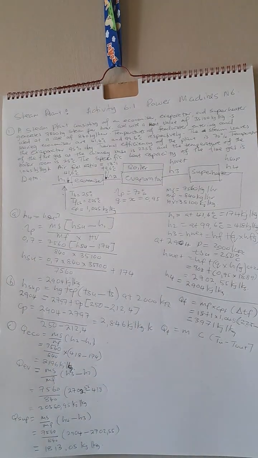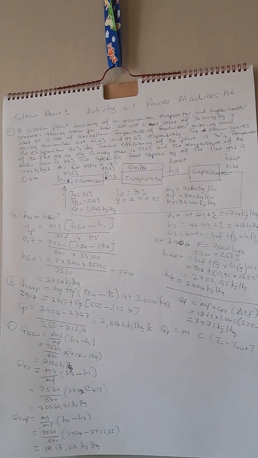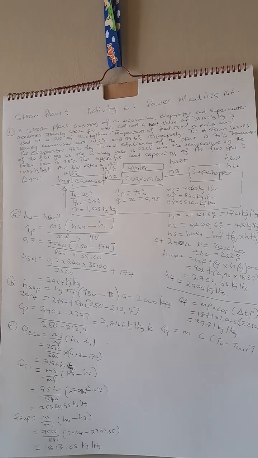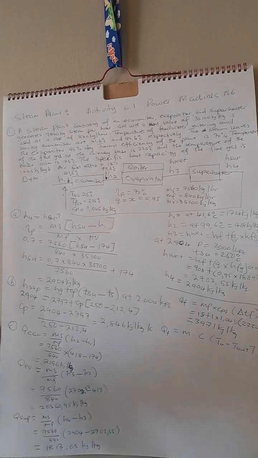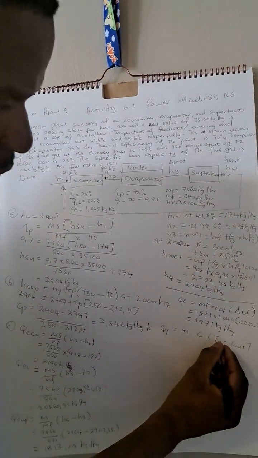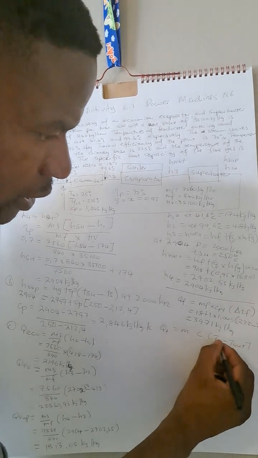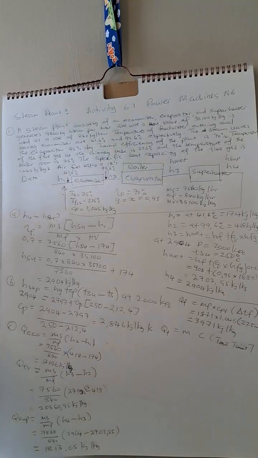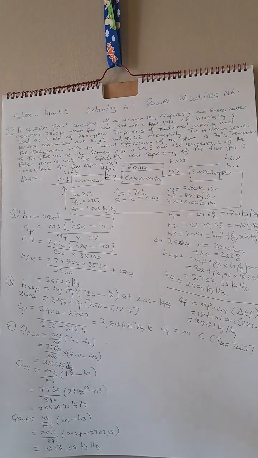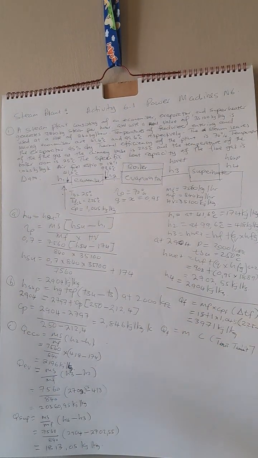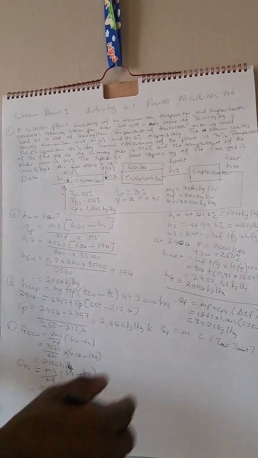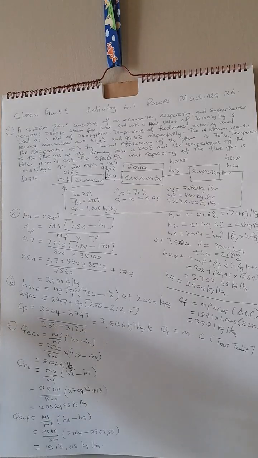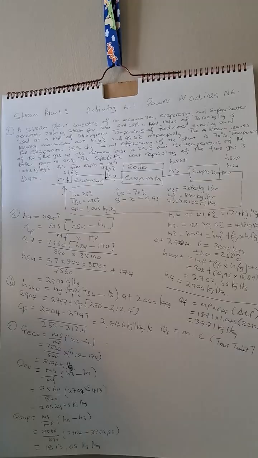The question says calculate the temperature of the flue gases entering the economizer. So our formula rather becomes T out minus our T in. So our Q for flue gases, we got it. Remember, we need to calculate the temperature of the gas entering the economizer. So we need to be a bit vigilant here.